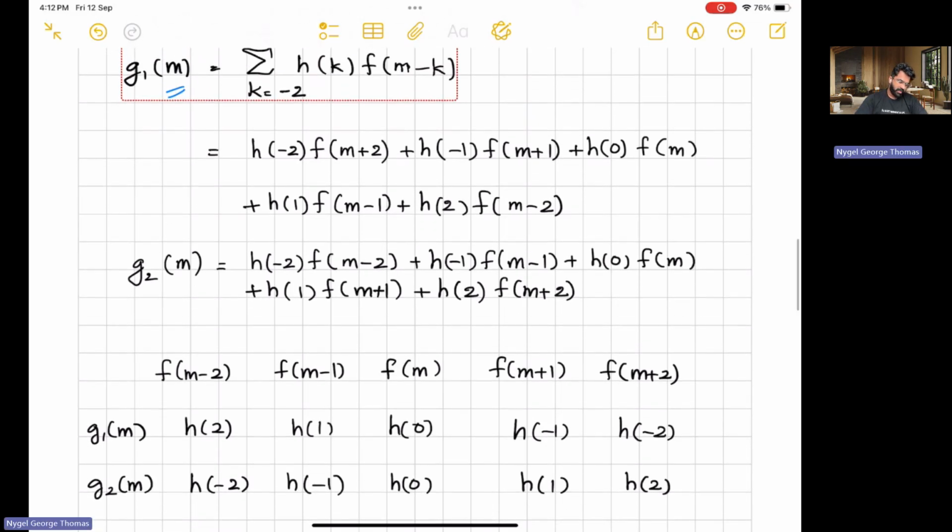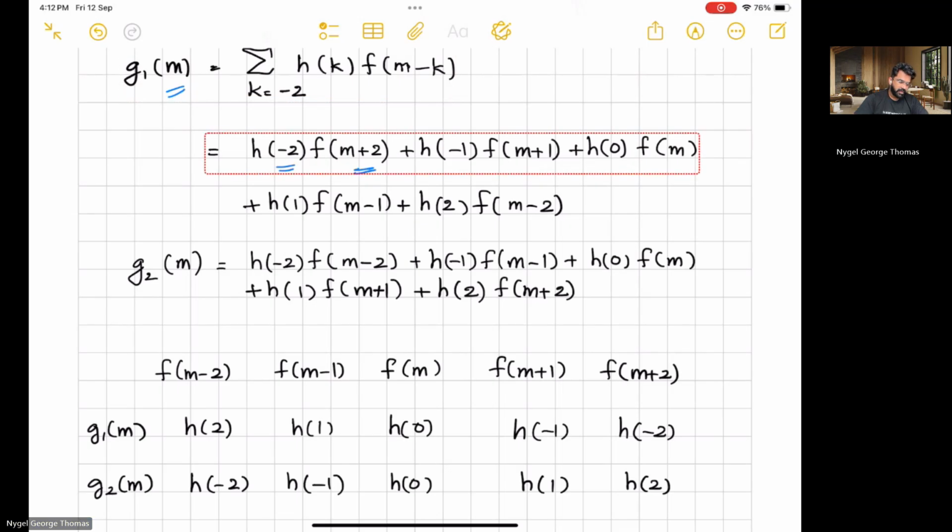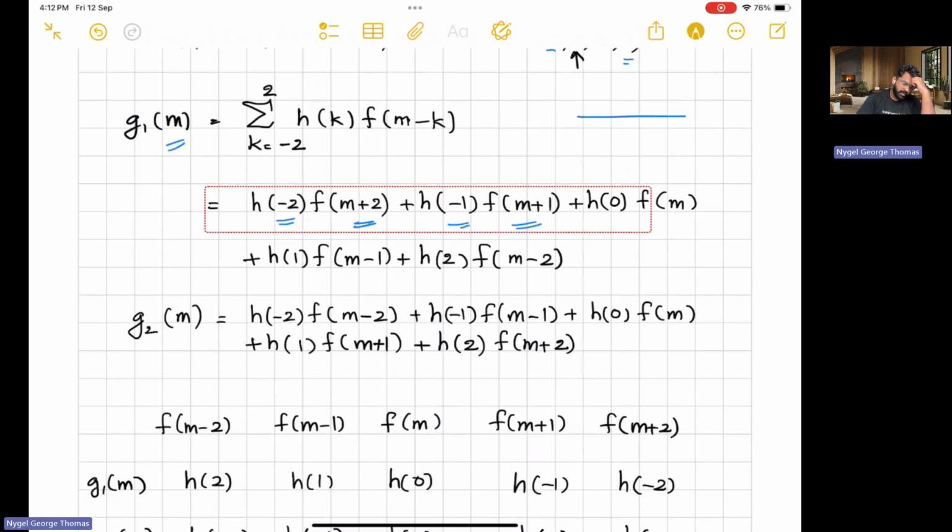But what we have to notice here is that with h of minus 2, we had f of m plus 2, and with h of minus 1, we had f of m plus 1. So there's something like an inversion happening when we apply convolution.